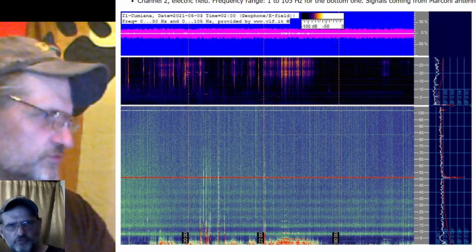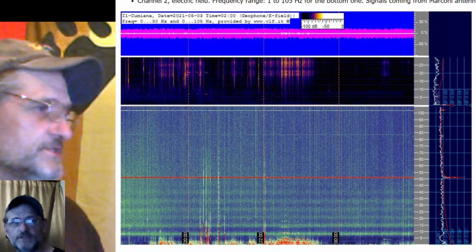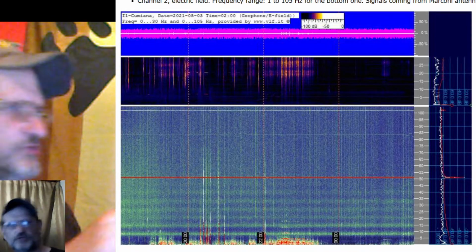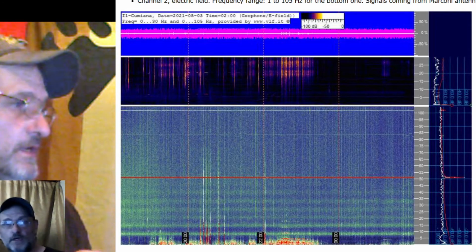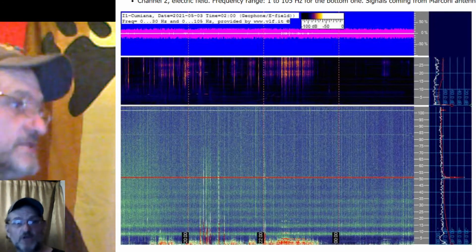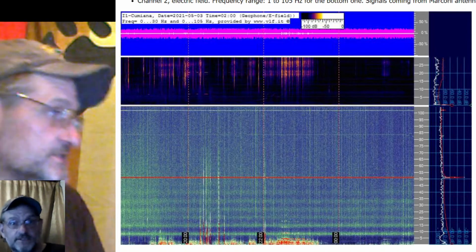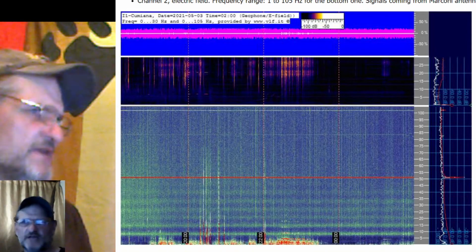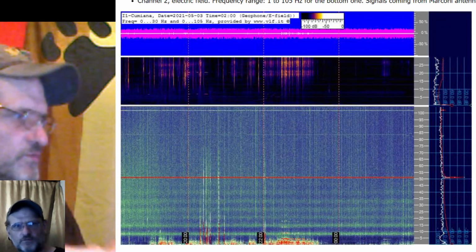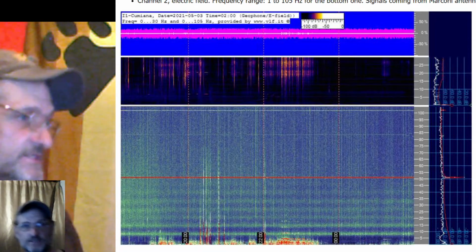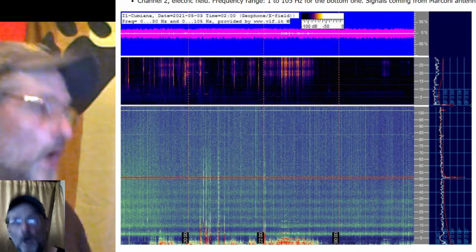The natural reluctance of the electrons to move along there is called the impedance. So the impedance of the antenna is based on the amount of wire.